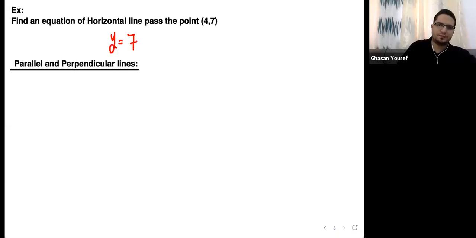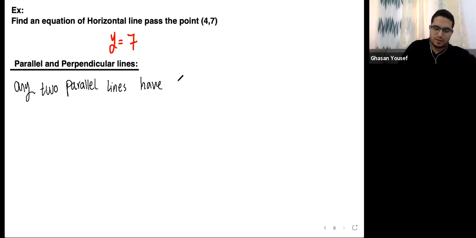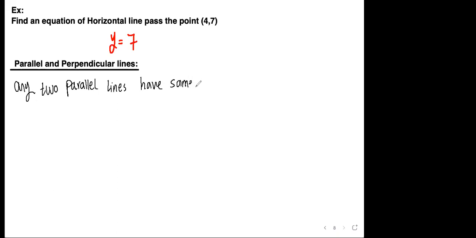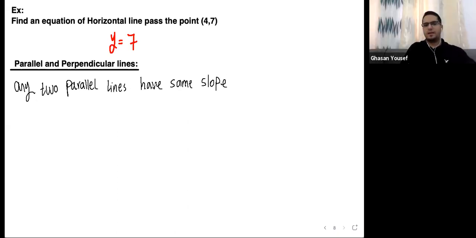So we should know here that any two parallel lines have the same slope. Any two parallel lines have the same slope. So suppose I have a Cartesian plane like this, and I have two lines.